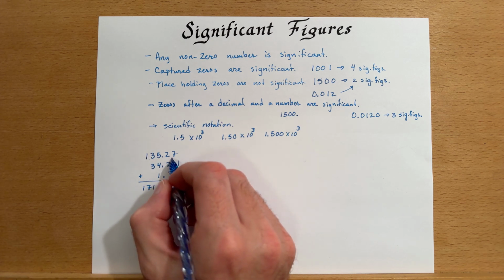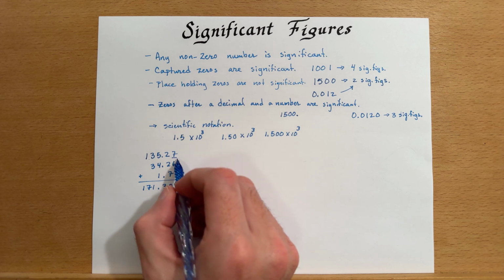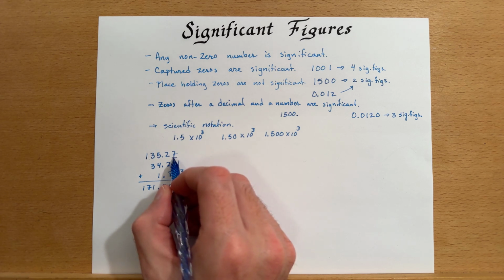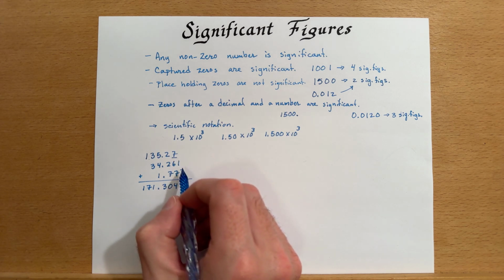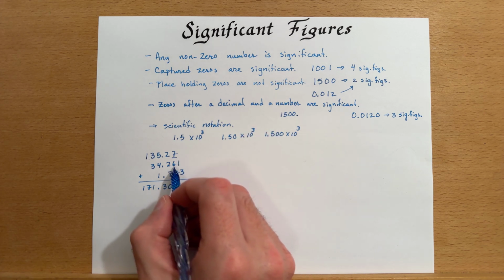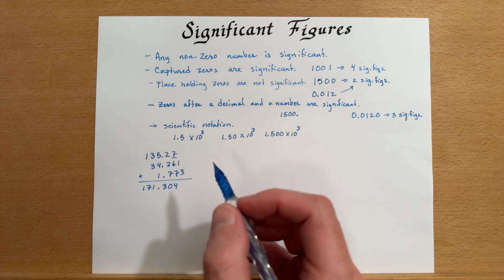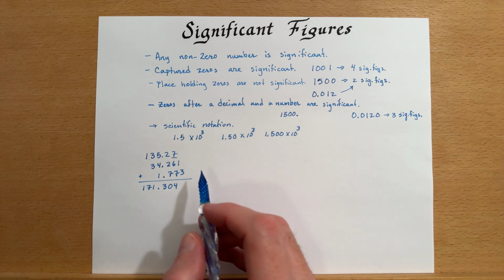However, the first number only has 2 decimal places, so the significance ends right here. And that is going to limit us because the other numbers have 3 decimal places after the decimal, and so they are not limiting the significant figures.